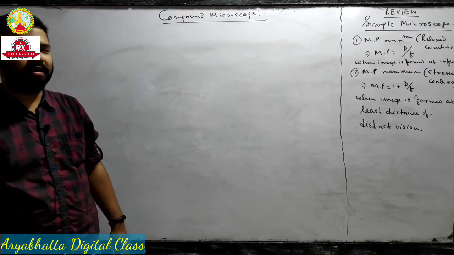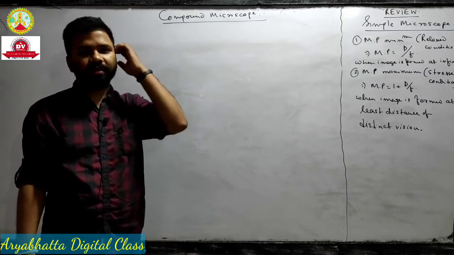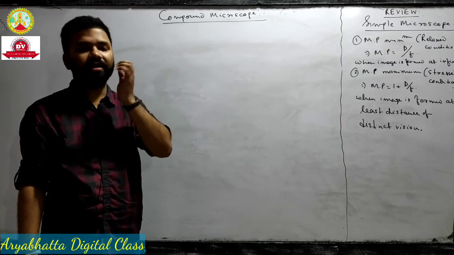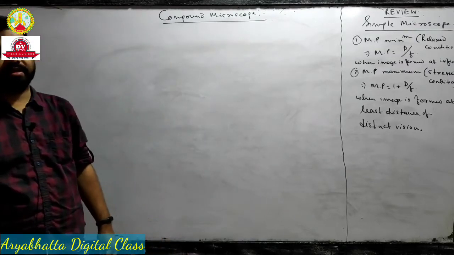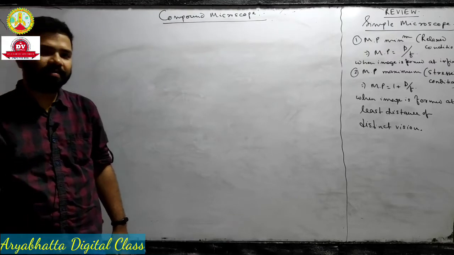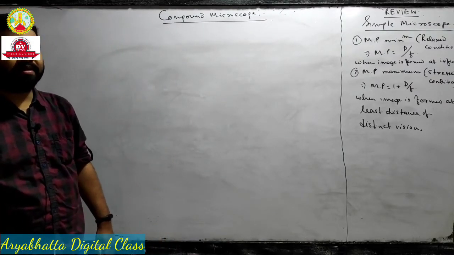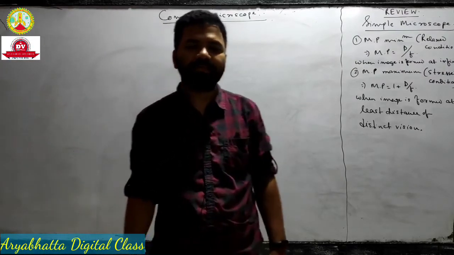So regarding myopia and hypermetropia, you already know that a myopic person, that is a person suffering from myopia, can see the nearby object clearly but cannot see the distant object clearly, okay? That problem can be rectified by using a concave lens, which you have studied in class 10.